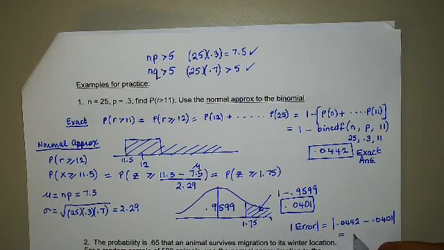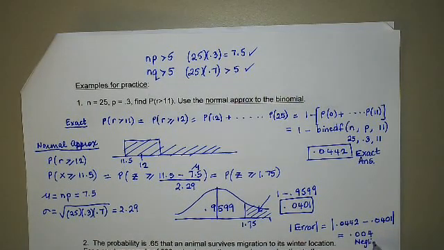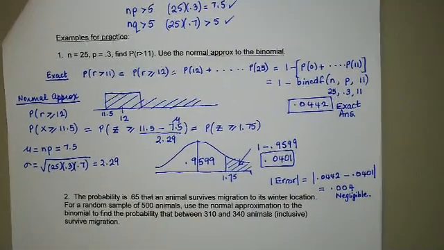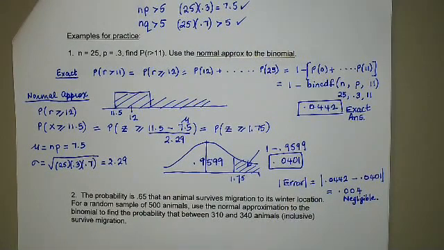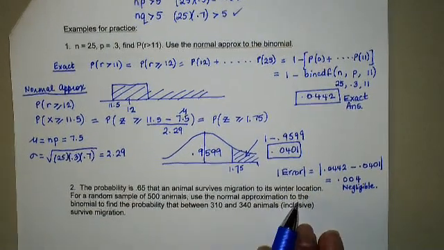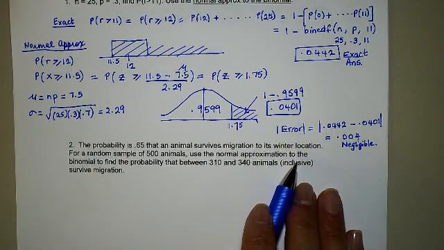That's the answer by approximation. So absolute value of the error is equal to absolute value of 0.0442 minus 0.0401 equals 0.004. Negligible. Get it?